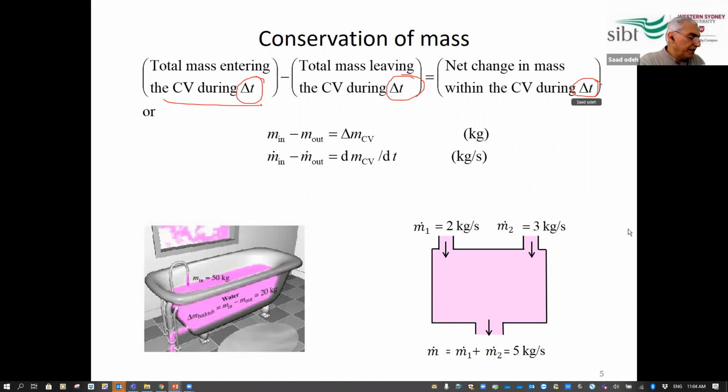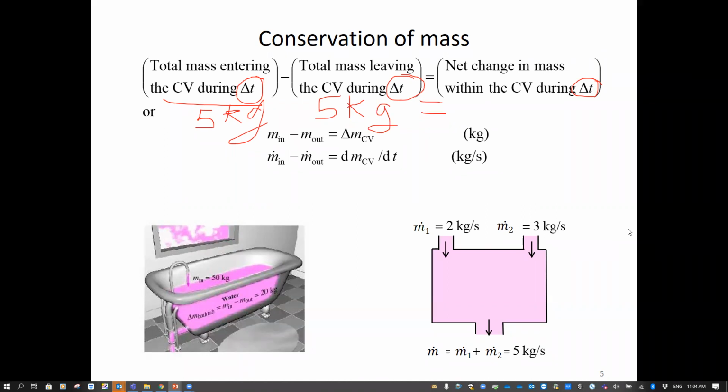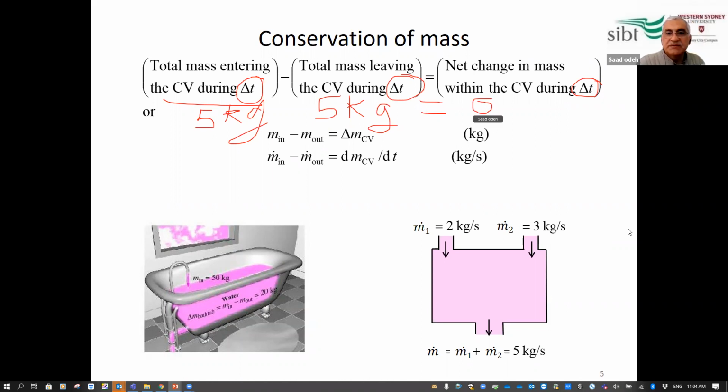Which means that if I have 5 kilograms entering the system, and we have also 5 kilograms leaving the system at a certain time, what will be the change in mass? Should be 0, because there is no change in the mass of the system. Correct. So there is 0 kilograms.